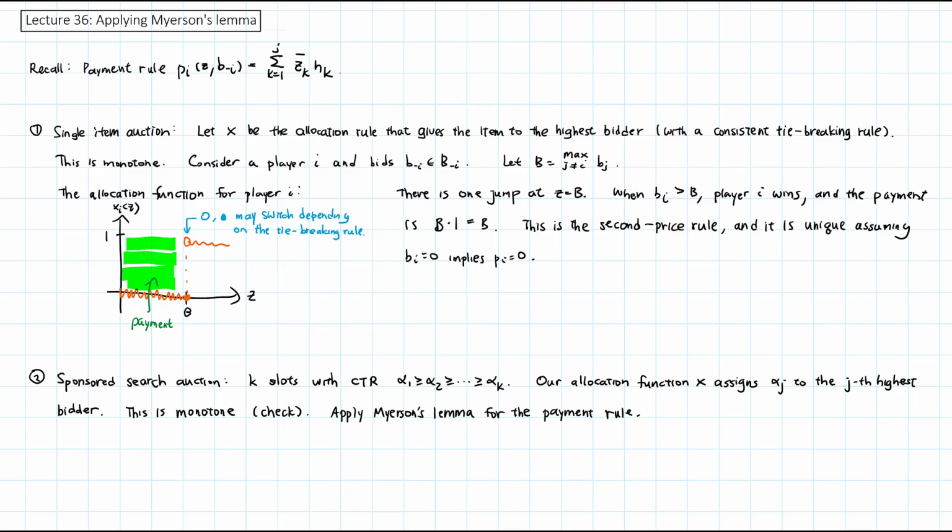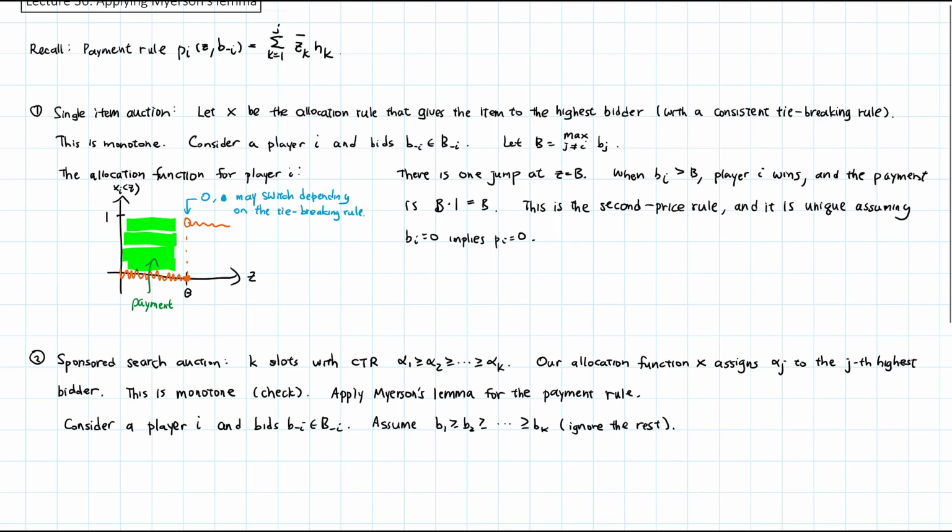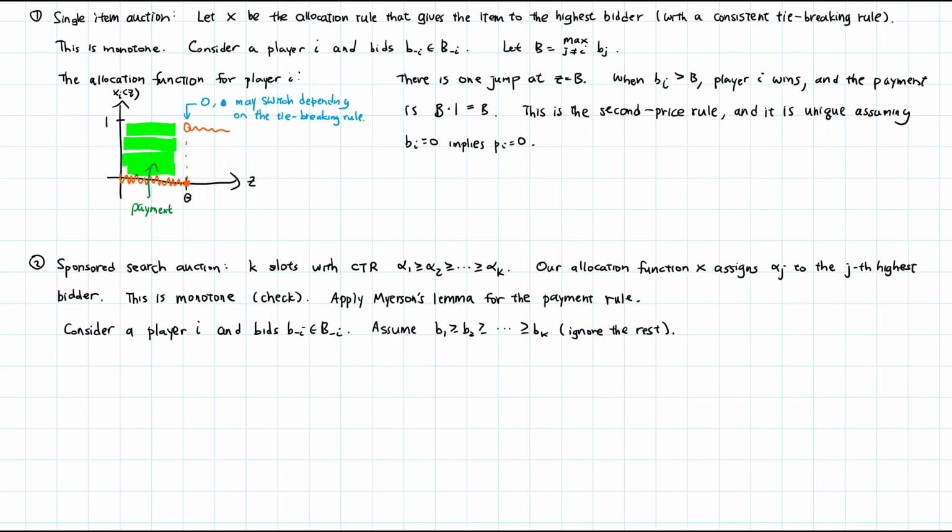We now calculate the appropriate payment for a player if they win some part of this auction. Let's consider a player i and the bids b minus i for the rest of the players. We will assume that the k highest bids other than b_i are b_1 to b_k in that order. We will ignore the remaining bids. So, what does the allocation graph look like for player i?